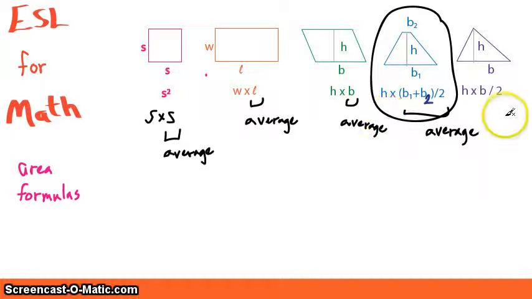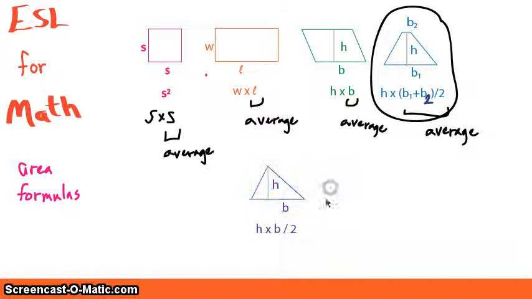Now let's look at the triangle. Move this over here so we can see it a little bit better. Okay, we see the height here, and then we see B over 2. So let's think about what is the average of the top and the bottom. The top of this shape, you can kind of imagine it like a trapezoid that keeps getting smaller and smaller at the top. The top of this shape is 0 width, right?